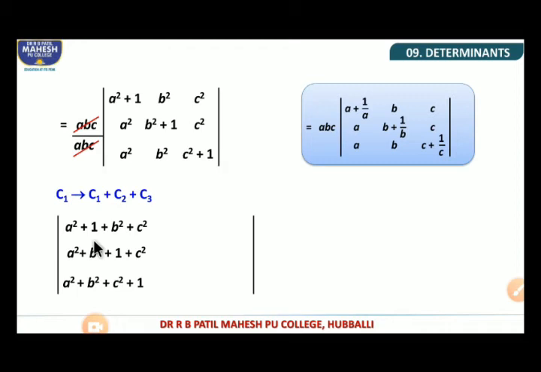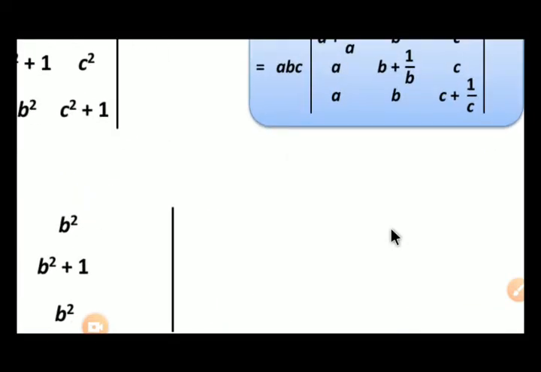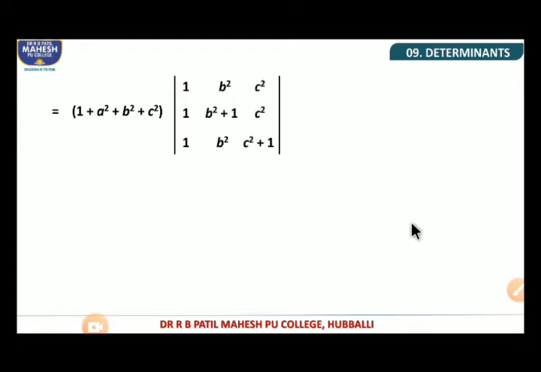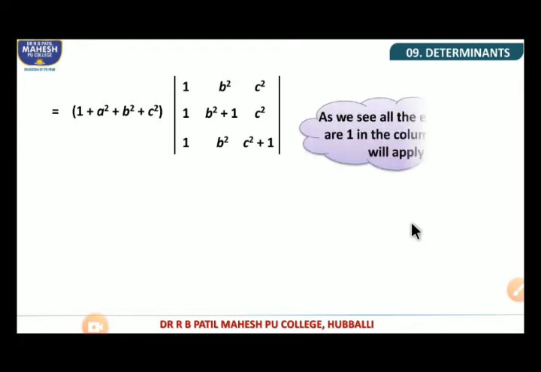All the terms are the same here, and we write the second column and third column as they are. And we can take 1 plus a square plus b square plus c square from C1 as common. So the remaining determinant will have 1, 1, 1 in the first column, and the two columns are the same as they were.